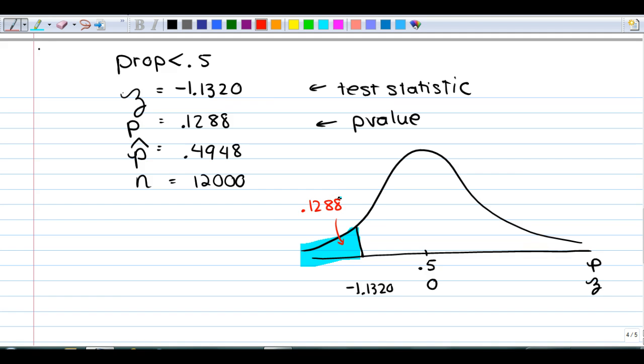We were using a 0.05 hypothesis test, and the 0.05 would have been out here somewhere. That would be my critical point.